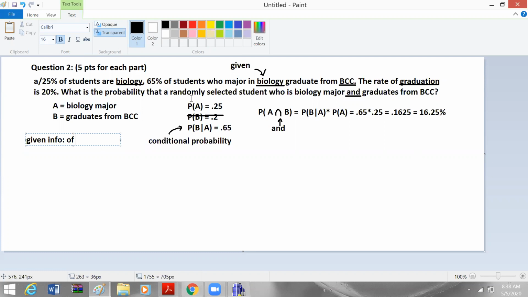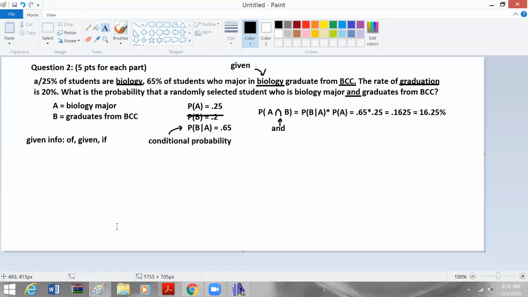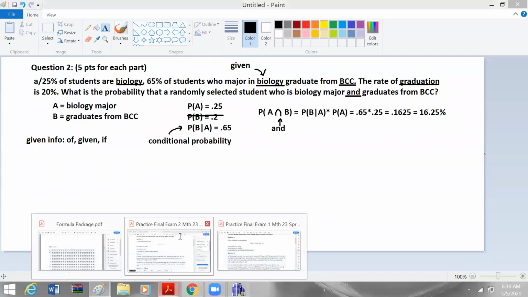I can rewrite a sentence like of those people who major in biology, 65% of students graduate from PCC, right? So this is the given. So then you're gonna pick the given probability in this case. That'll be 25% to multiply with 65%, and we're done. Of, given, or if. Okay, so this 2A is actually one of the hardest questions that we have on the exam.